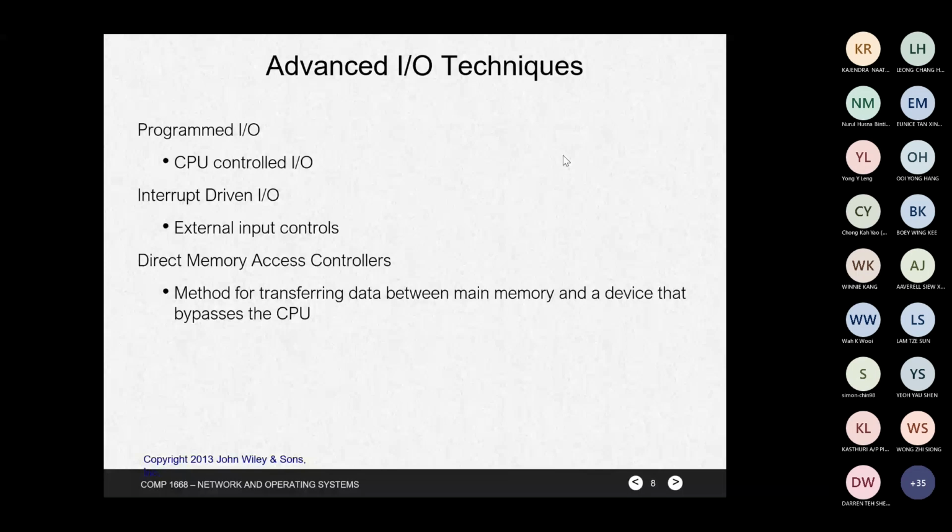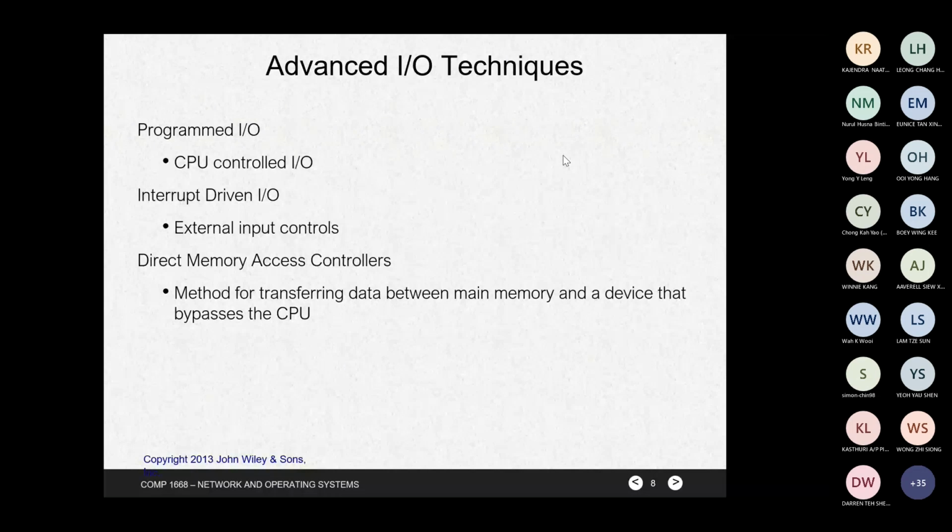So in order to continue our discussion, we will look into some of the program I/O, especially related to CPU, and then also we have interrupt driven I/O, as well as some related to memory.